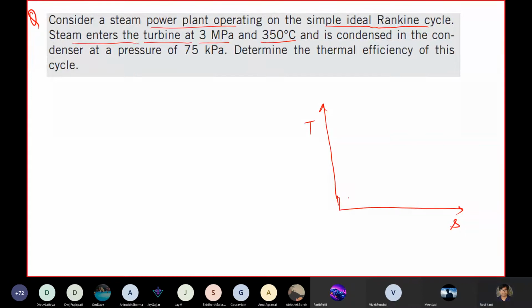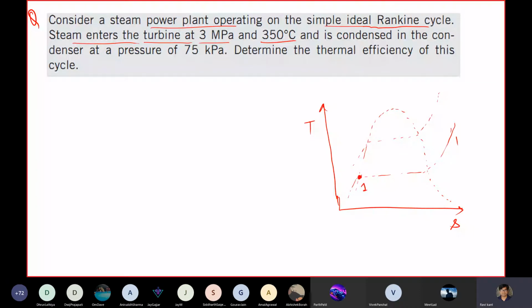Steam enters the turbine at 3 MPa, so there is one pressure line over here. This turbine inlet would be the higher one, right? So let's suppose this is your vapor dome, and my cycle would look something like this.